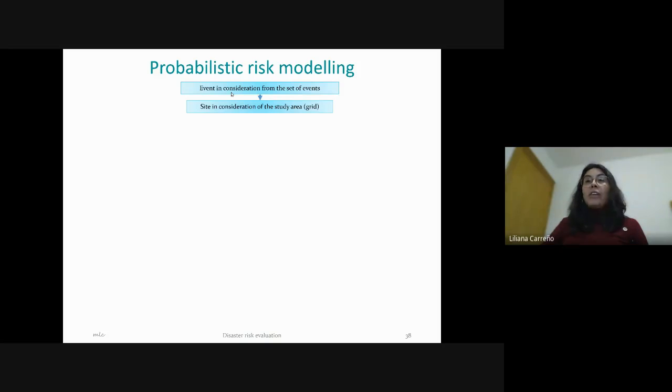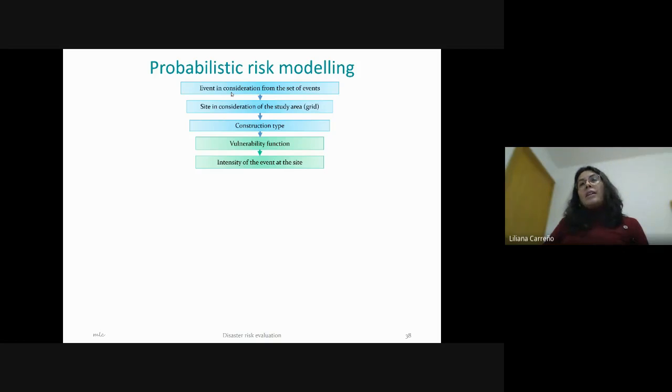If I have a grid, I will have several points to evaluate. Select the construction type or the type of exposed elements that I am talking about in this site, and identify which is the vulnerability function for this kind of elements, where I can identify the intensity of the event at this site and calculate the loss for this event.